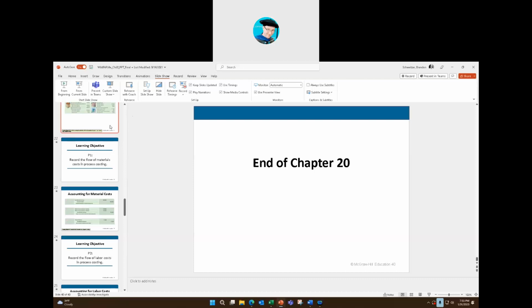That's the takeaway. That's what I want you to really understand from this concept of continuous process costing. Are there any comments, questions, or concerns?